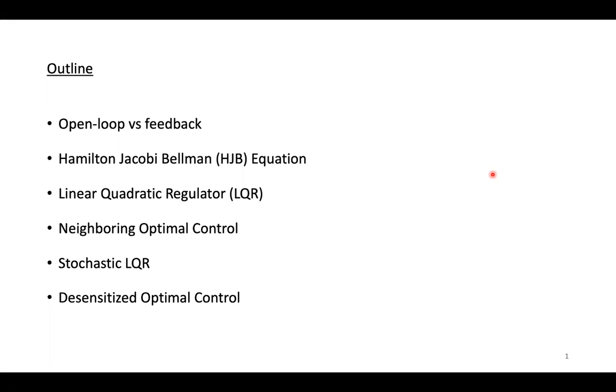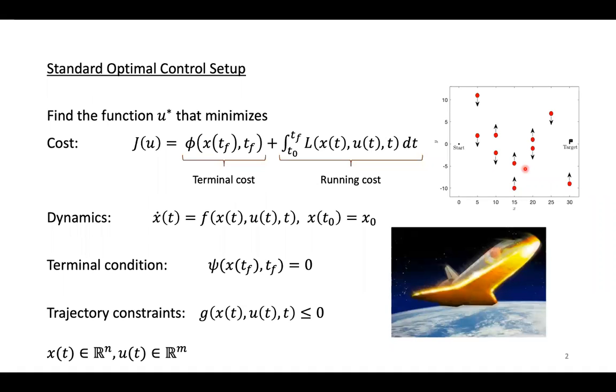So let's move on to discussing what is open loop and feedback. Oh, sorry. But before that, let's set some basic notation in place. T, as always, denotes time, and x of t denotes the state at time t, which is an n-dimensional vector, and u of t is the control at time t, which is an m-dimensional vector.